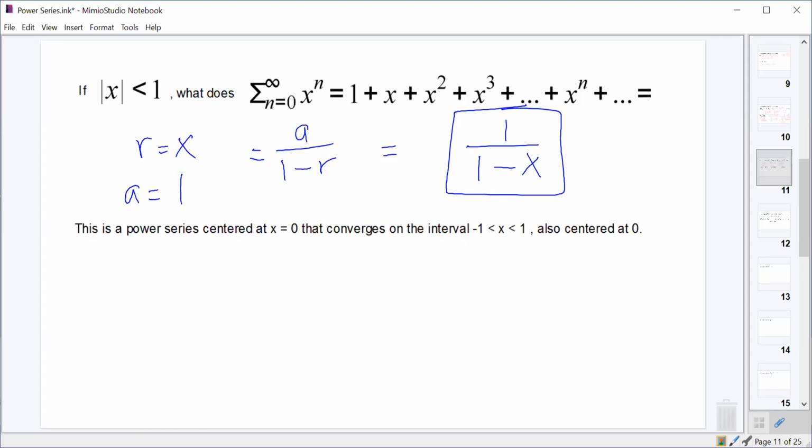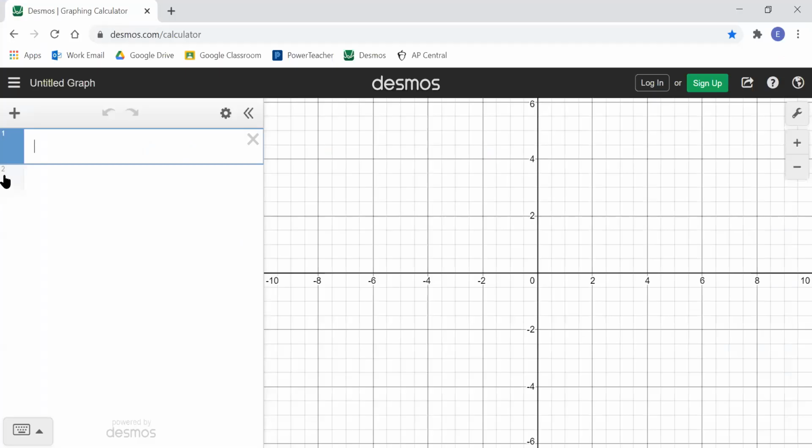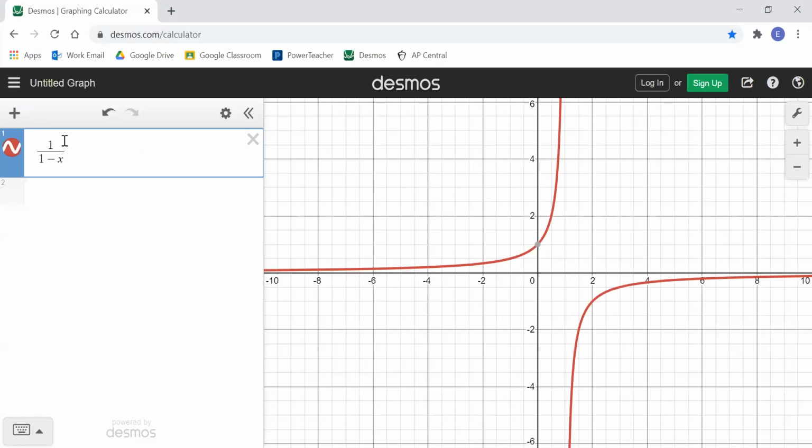Now, what does that mean is the question that we've got to sort of explore here. In order to do that, we're going to take a look on Desmos for a minute at what this really looks like. So we're talking about the function 1 over 1 minus x, right? That's this function right here. True?